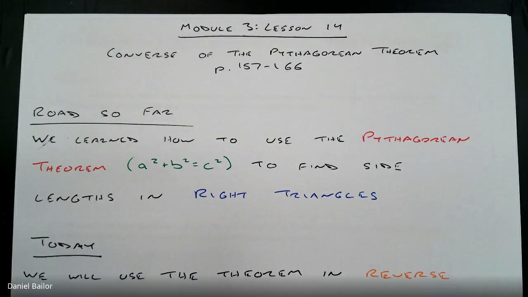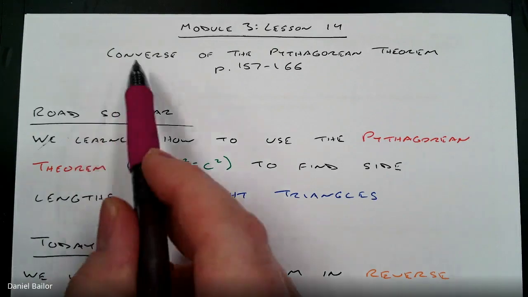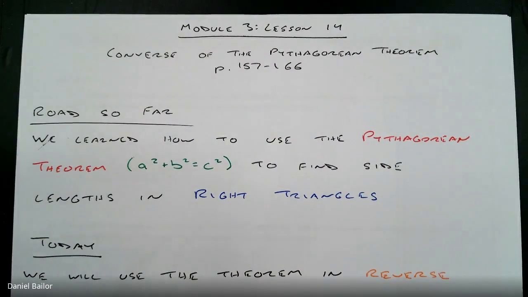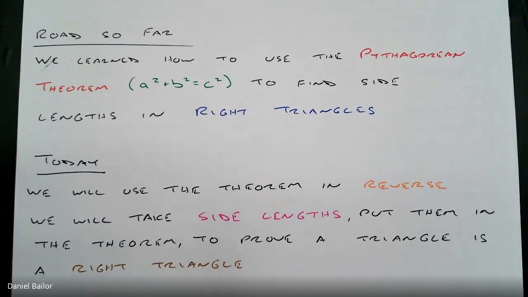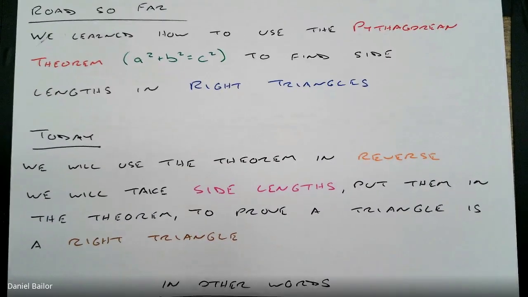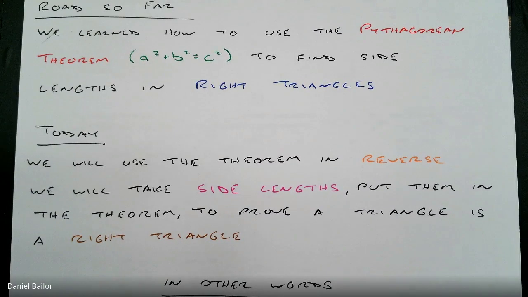Today in math, we're going to do what's called the converse of the Pythagorean Theorem, or kind of the reverse. So far we've been finding a missing leg of a right triangle. Today, we are going to get three sides of a triangle and prove that it's a right triangle.